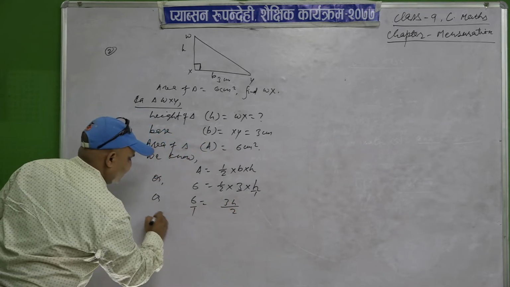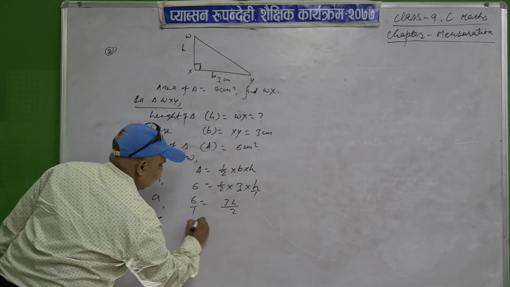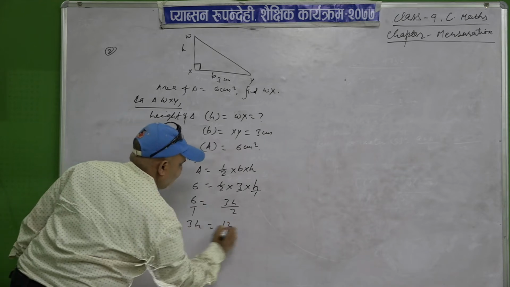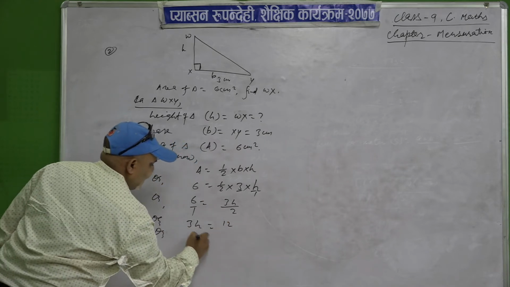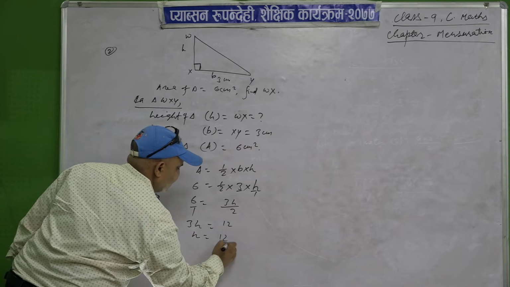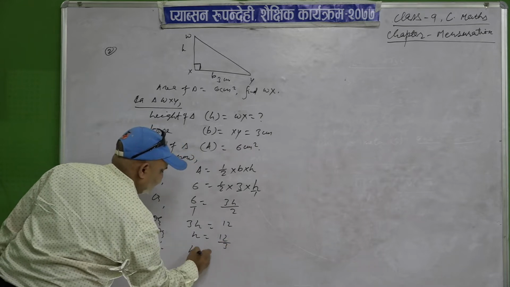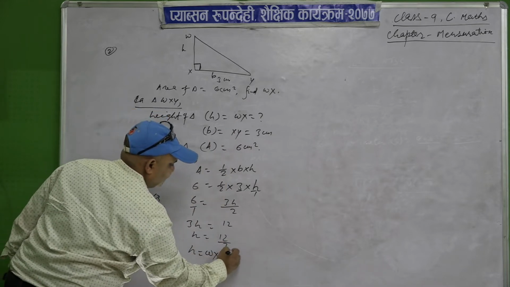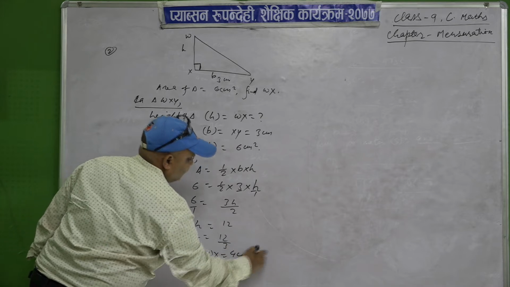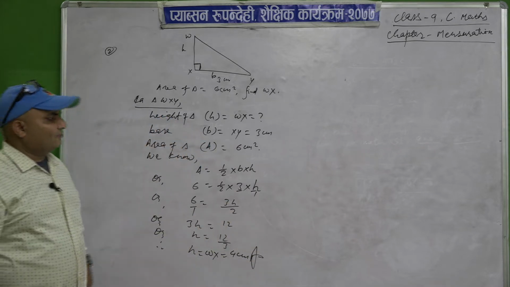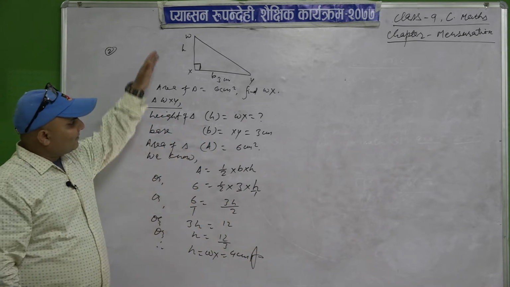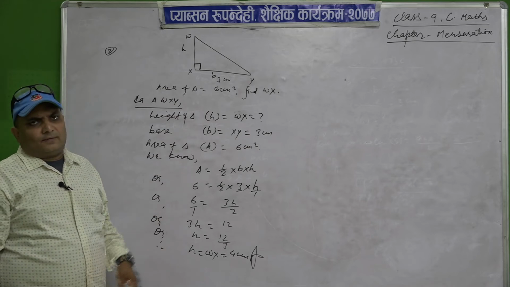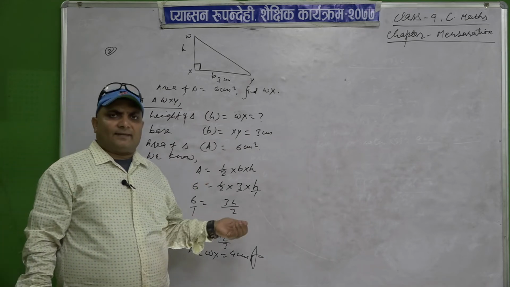By cross multiplication, we get 3h is equal to 12, or h is equal to 12 by 3. Therefore h is equal to, and h is also WX, that is 4 centimeter. So in this way we can find out the side when area is given.